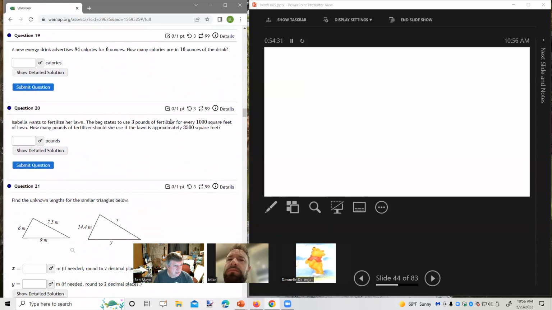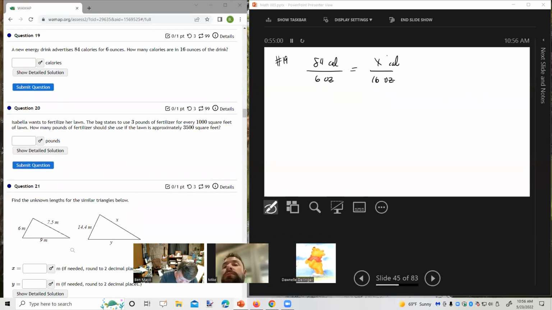Okay. Number 19. A new energy drink advertises 84 calories for 6 ounces. How many calories are in a 16-ounce drink? So 84 calories per 6 ounces is how many calories per 16 ounces? So setting up our proportion, we have calories per ounce, calories per ounce.